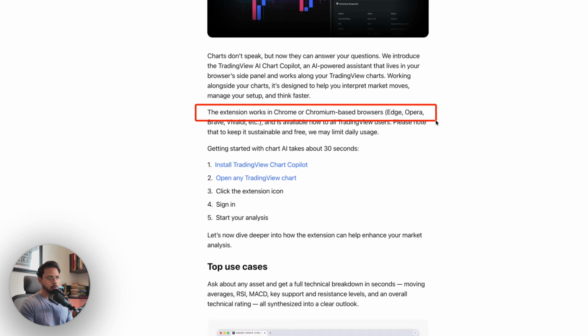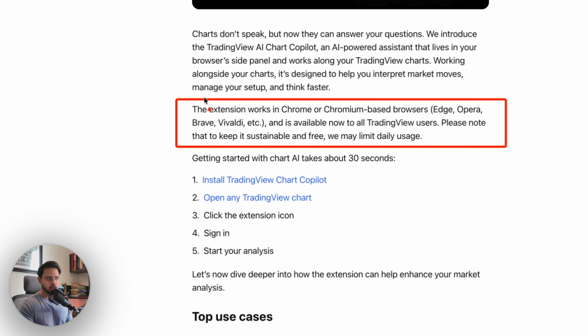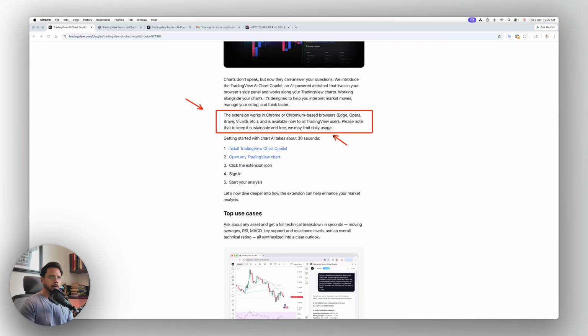Remember this section to understand that the extension works in Chrome or Chromium based browsers, which is Edge, Opera, Brave, etc. So I can make an assumption that the majority of us are probably using Chrome and maybe Edge, and it is available now to all TradingView users. Please note that to keep it sustainable and free, it's available free to some extent. It's a Chromium based browser extension. It's not on the TradingView app as of now.